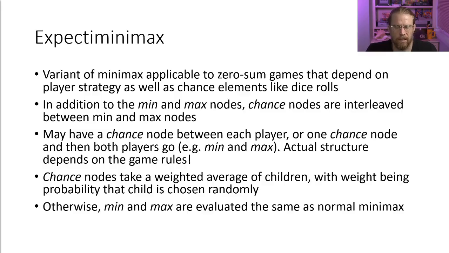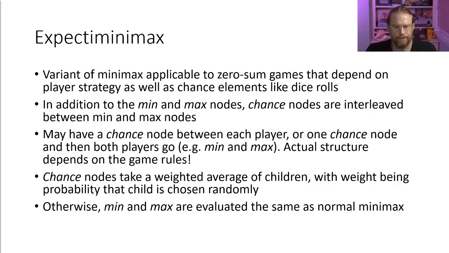Again, it depends on the game how this is applied. But the main thing is to be aware of the points at which you have these chance possibilities, and introduce these additional nodes into the tree structure.